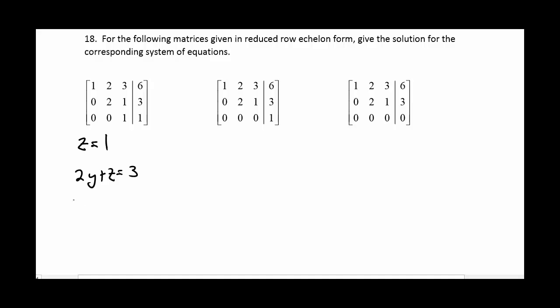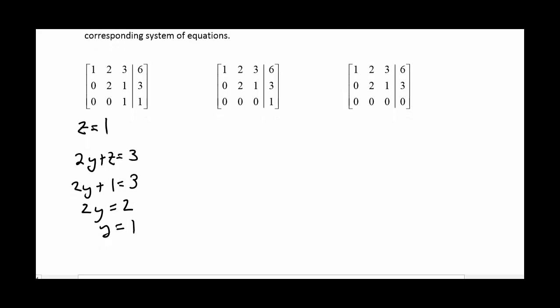So fill in what I know. So 2y plus 1 equals 3. That means 2y equals 2, and so y is 1. All right, noticing a pattern here. Then, kind of star that. Then I want to look at the top equation. The top equation says x plus 2y plus 3z equals 6.